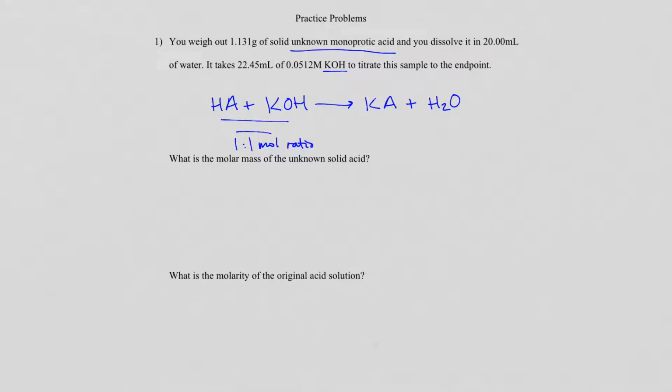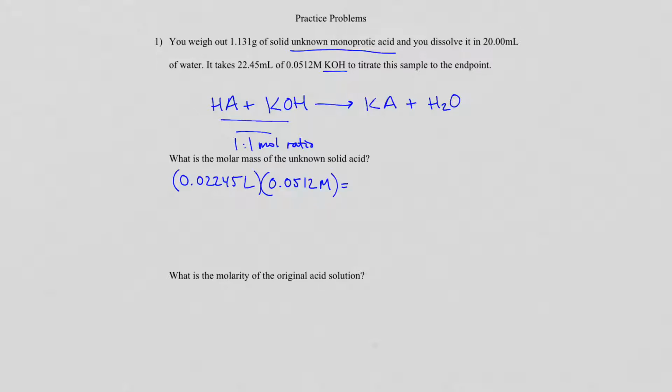Okay? We can start by finding the moles of potassium hydroxide used to neutralize our sample of HA. Remembering that we have a 1-to-1 mole ratio, and that our moles of potassium hydroxide will actually equal the amount of moles of HA in the flask, or in the analyte solution. So we can find that by going 0.02245 liters. We're taking our volume, converting it from mL to liters, and multiplying by 0.0512 molar KOH.